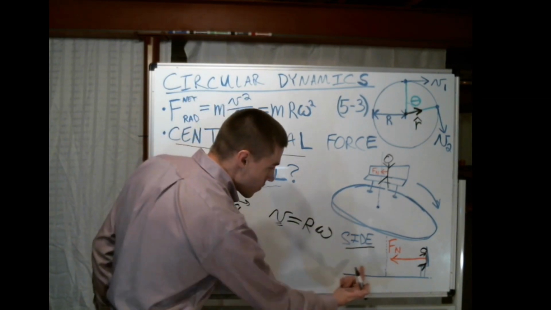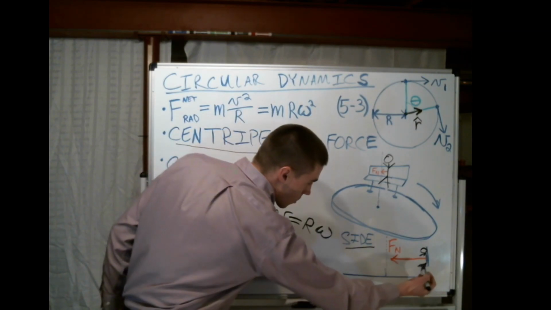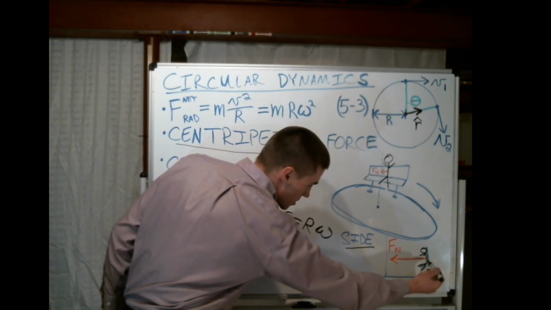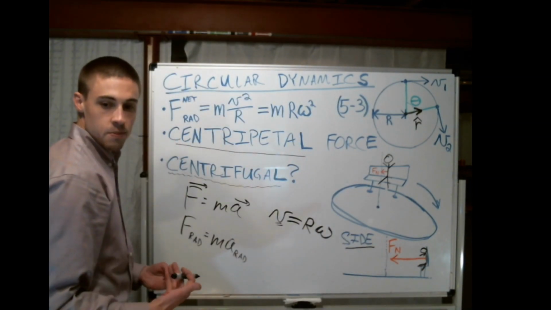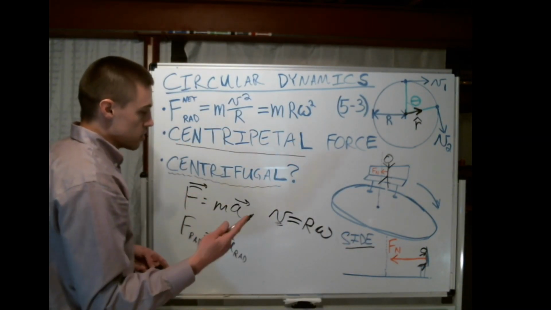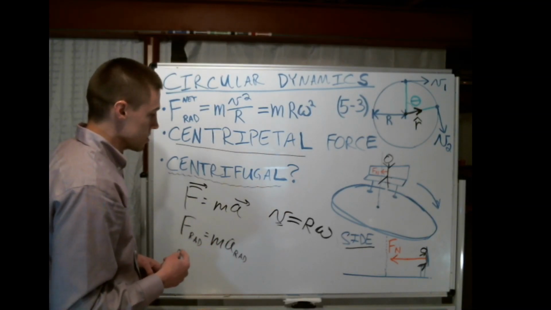As the thing is moving around here in the plane of the board, the force that the chair exerts on him is going to be pointing in towards the center here. The normal force is what brings about the centripetal motion as he travels along.